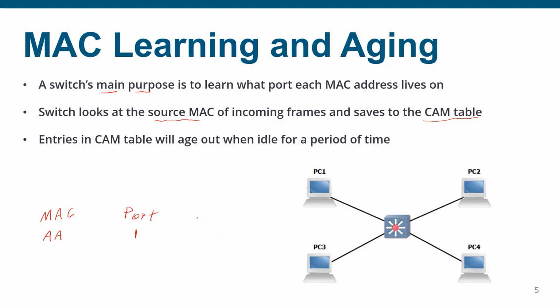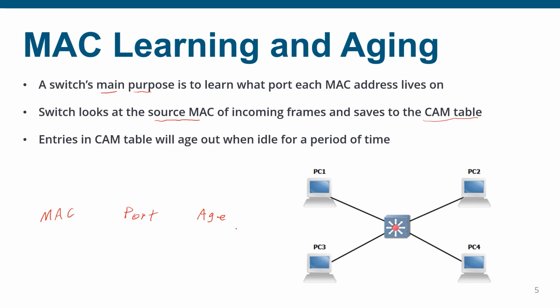So we actually have another column here. It's the age column. By default, a lot of switches have a 5-minute age out timer, or 300 seconds. After 300 seconds of not seeing any traffic come in for this MAC address on this port, it will erase this entry from the table.